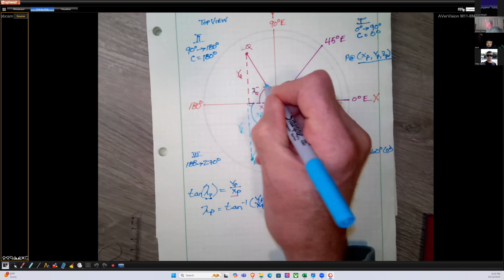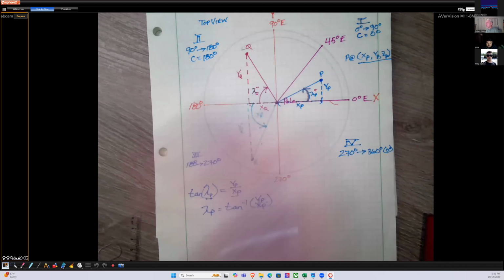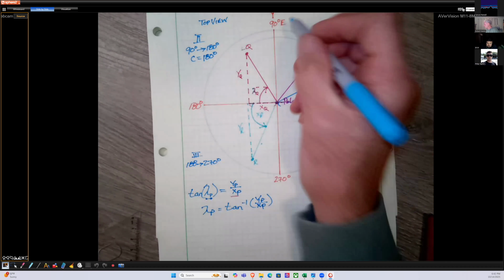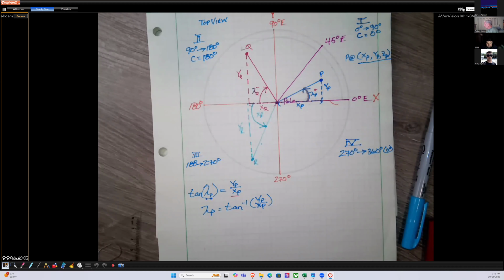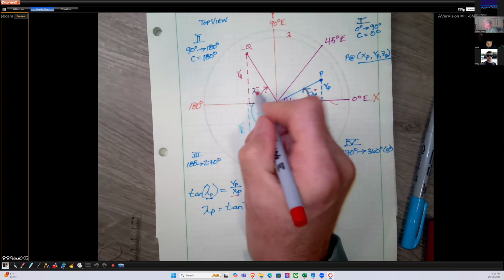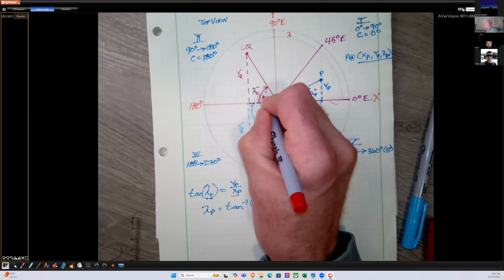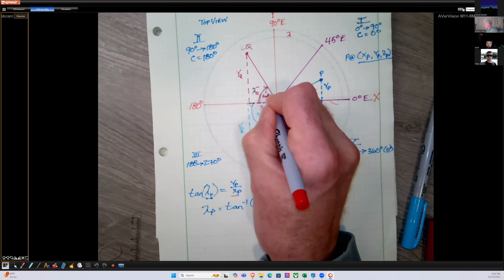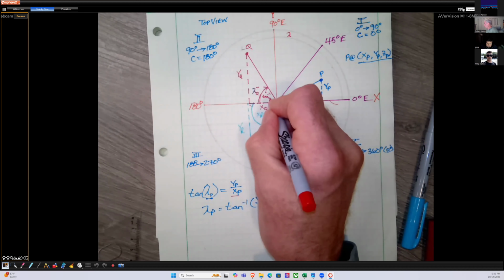This isn't our lambda. This is the arctan function. This is actually our lambda up here. That's a little bit confusing. I shouldn't call that lambda. This is just the arctan function. This is our tan inverse of Q.